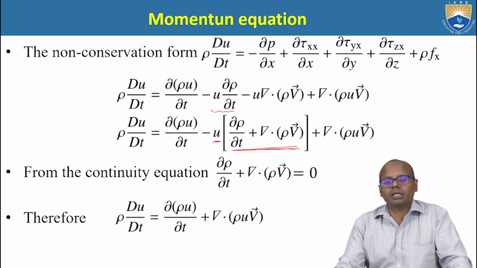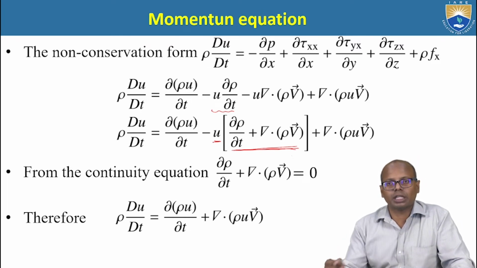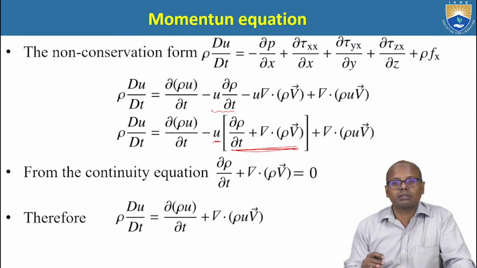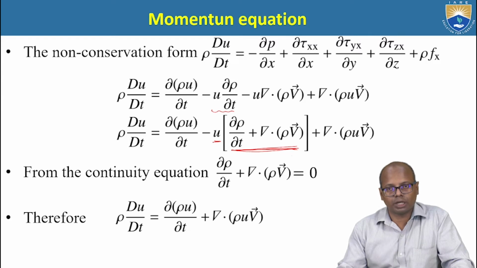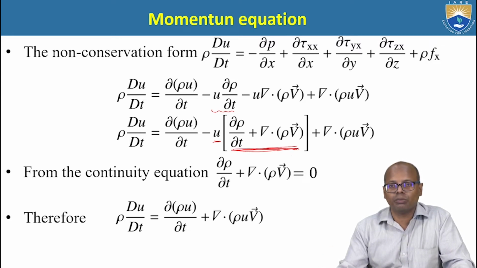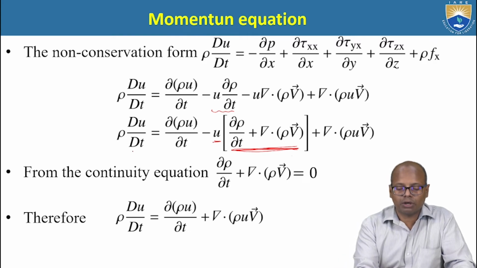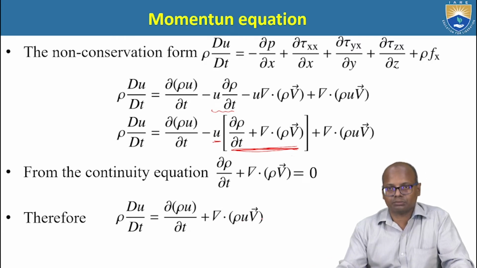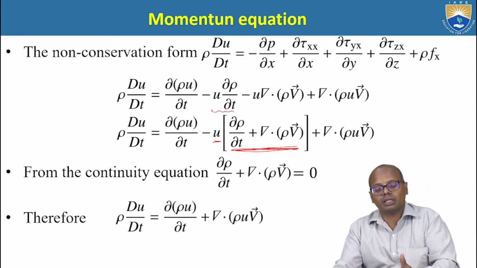This is nothing but our continuity equation, the first derivation that we have seen. This is equal to 0. By the continuity equation, this entire term is equal to 0. If I put 0 here, what I will get is ρ Du/Dt equal to ∂/∂t of (ρu) plus ∇ · (ρ u V̄).